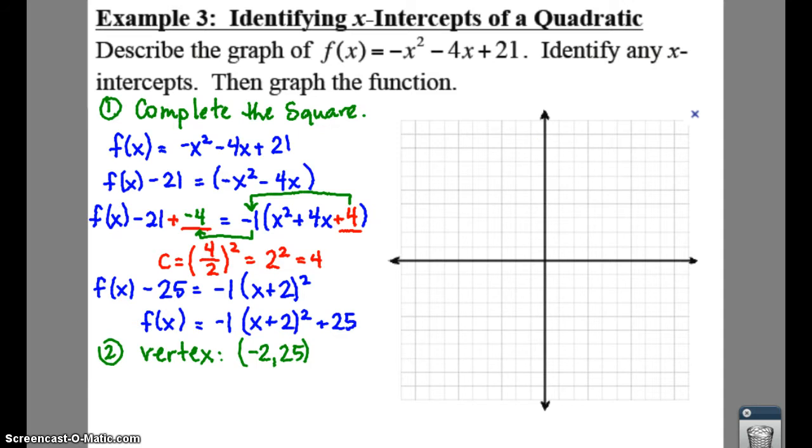On your y-axis we're going to go by 3s. We're going to estimate as much as possible. On your x-axis, we're still going to go by 1s. So your vertex you'd have at negative 2, 25. So I go up 25: 3, 6, 9, 12, 15, 18, 21, 24, barely above there. There's our vertex.